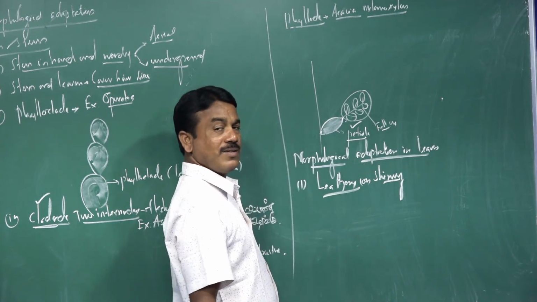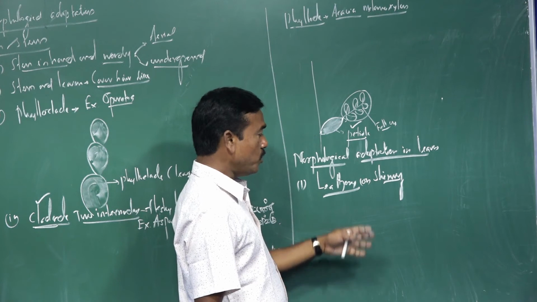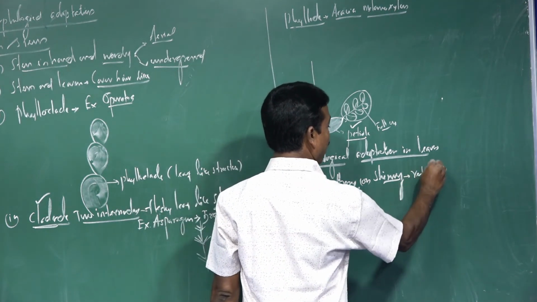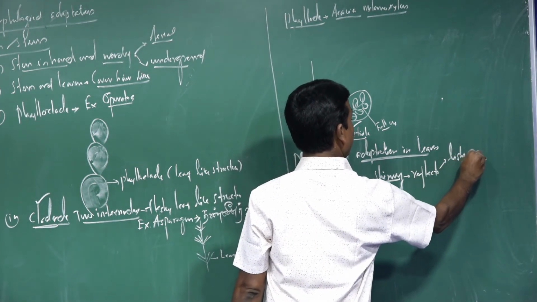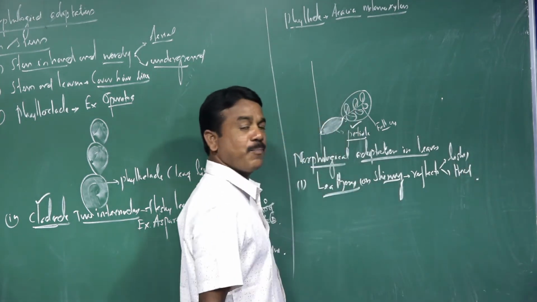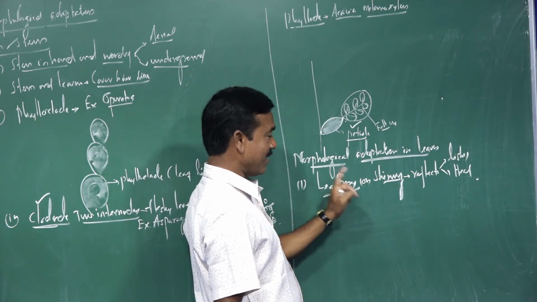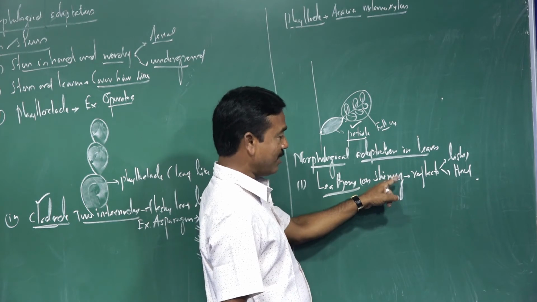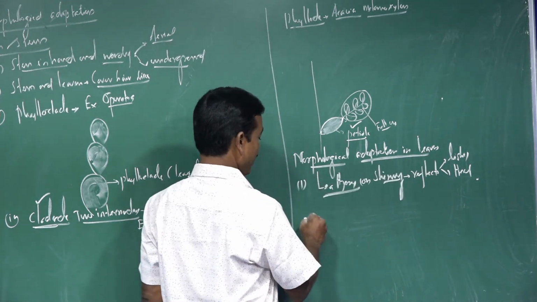Leaves are generally leathery or shiny. Due to the shiny appearance, they reflect light as well as heat. That is their nature.